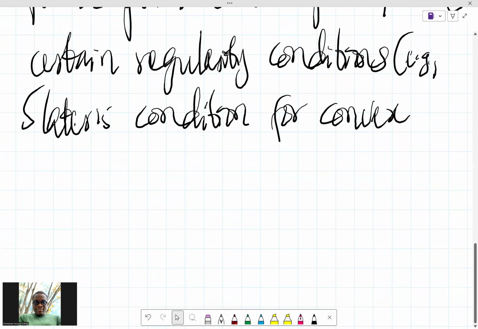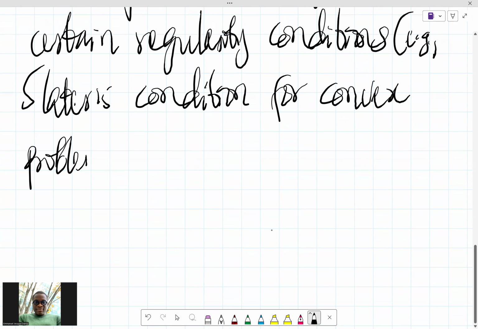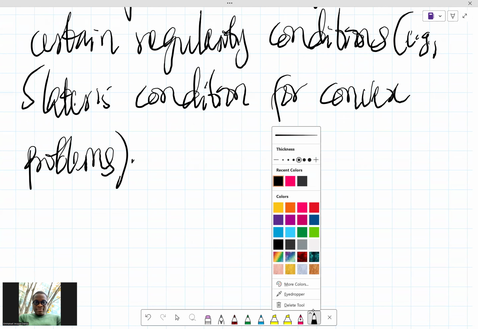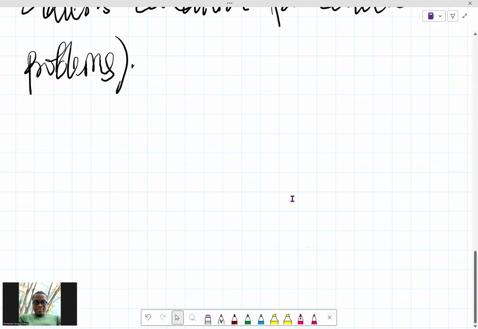We already know that convex problems are situations where you can easily find a unique global minimum or global maximum.